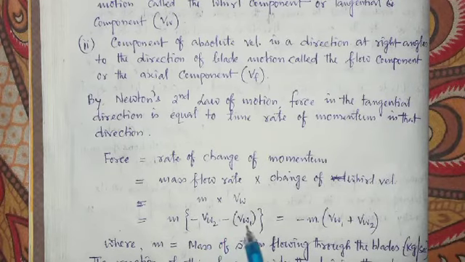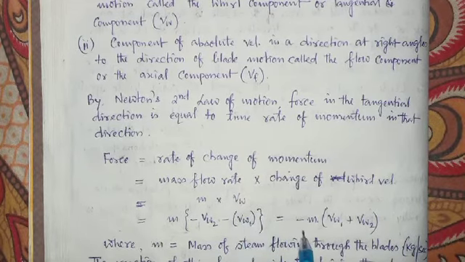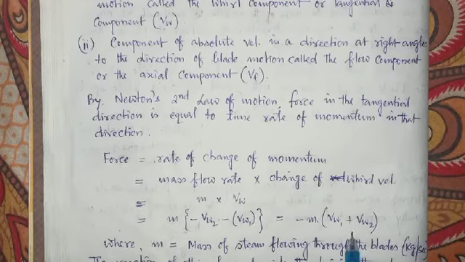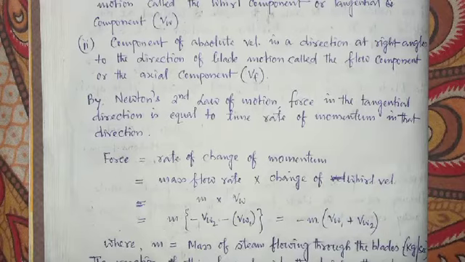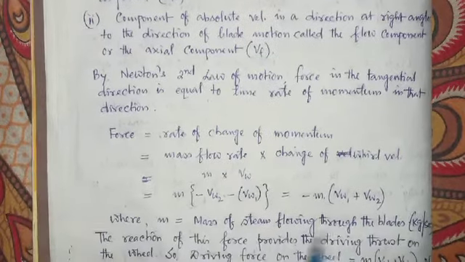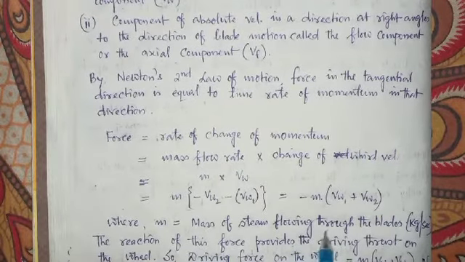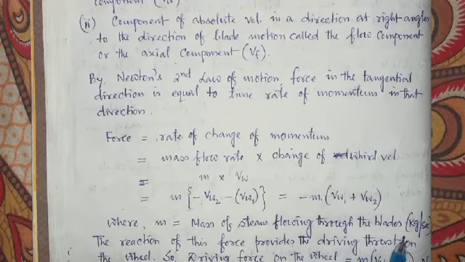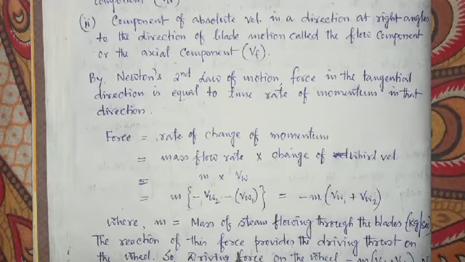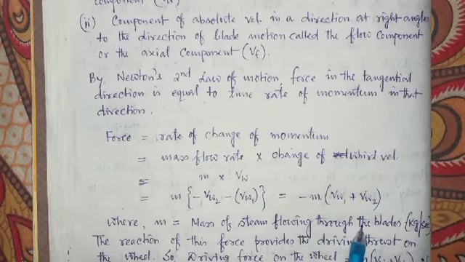VW1 is obviously positive as it is along the direction of movement of the blade. So you can write minus m of VW1 plus VW2, where m is the mass of steam flowing through the blades in kg per second. There should not be any doubts.